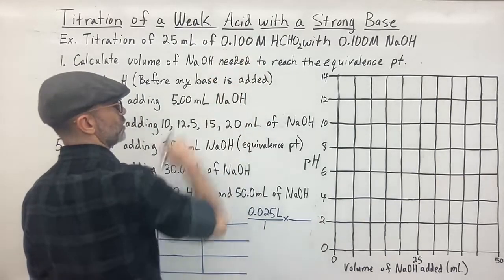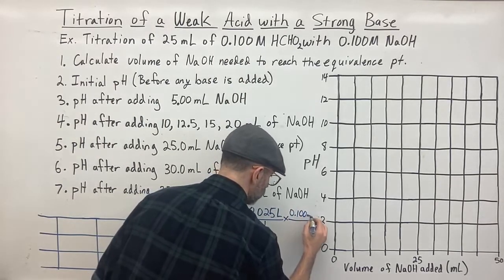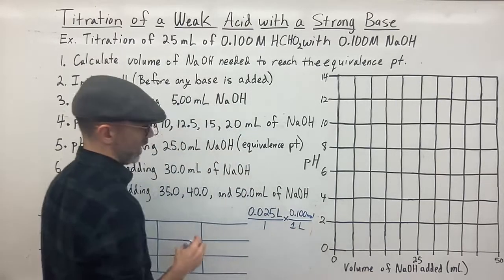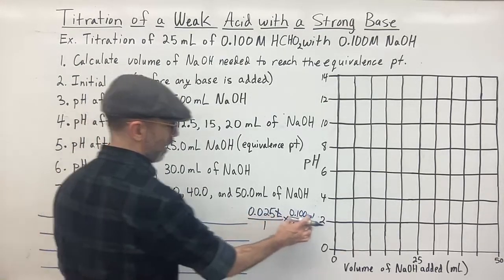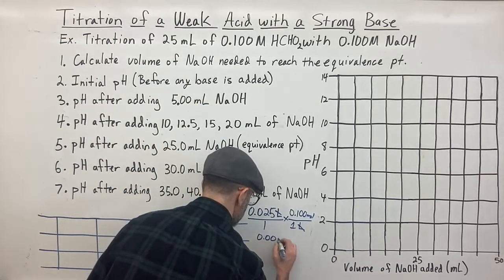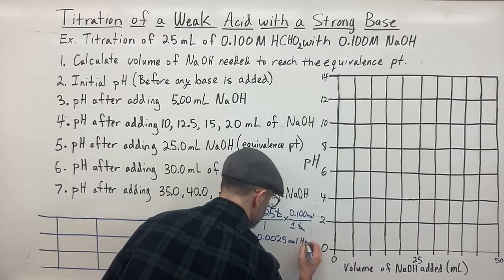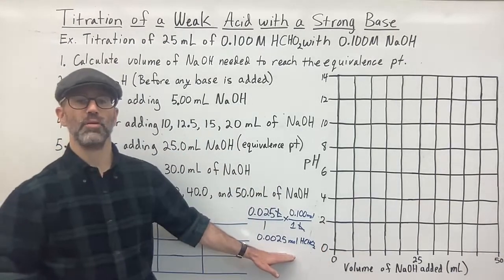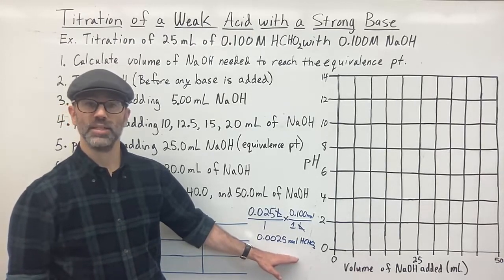So 0.100 molar is 0.100 moles of the acid over 1 liter of the acid. So liters cancels out. You multiply 0.025 by 0.100, and you get 0.0025 moles of your acid, HCHO2.